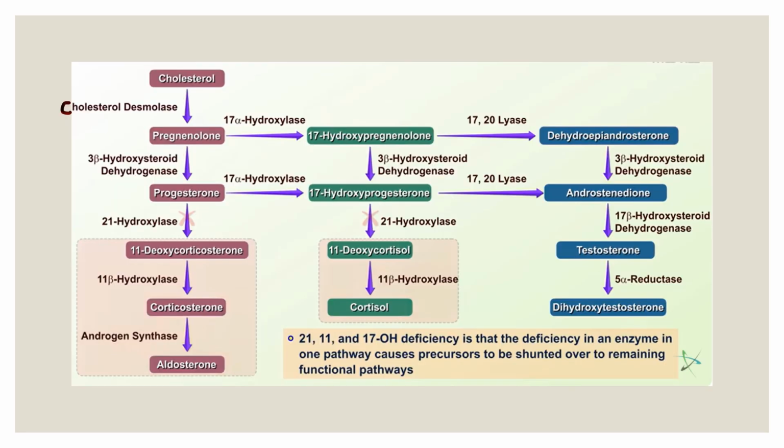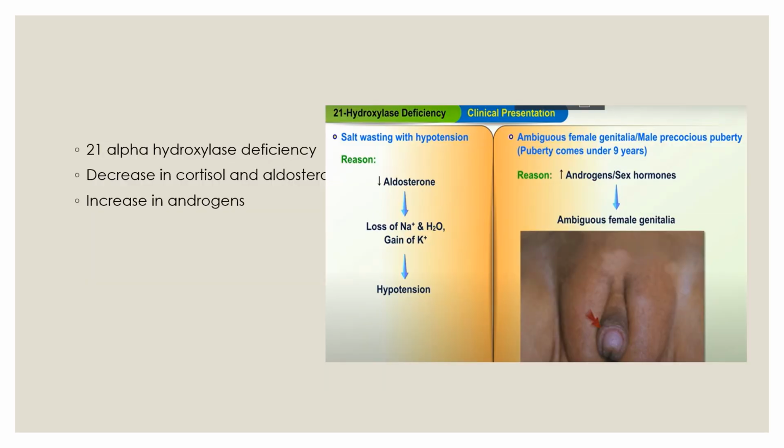So again, I've added this slide. 21-hydroxylase is important in aldosterone and cortisol production. So is 11-hydroxylase. 17-hydroxylase is mainly in the sex steroid pathway. 5-alpha reductase is in testosterone to dihydrotestosterone production. 21, 11, and 17 are the enzyme deficiencies. A deficiency in one pathway causes precursors to be shunted over to the remaining functional pathways.